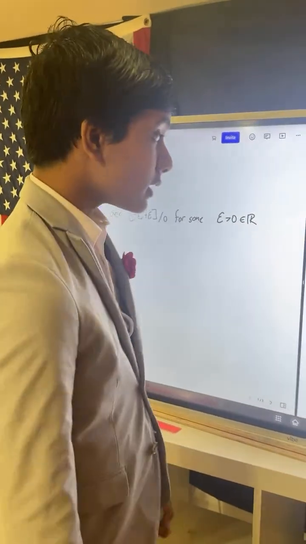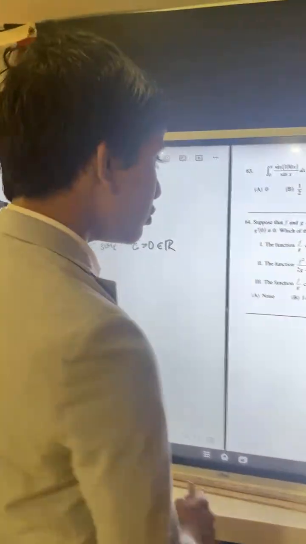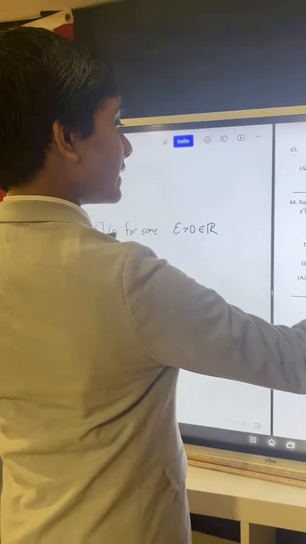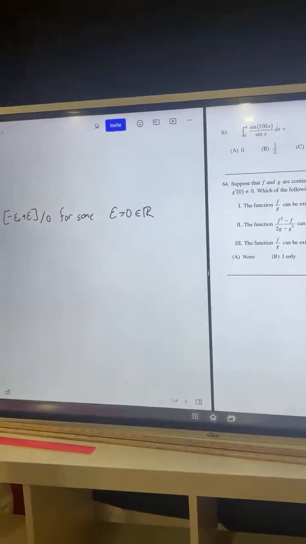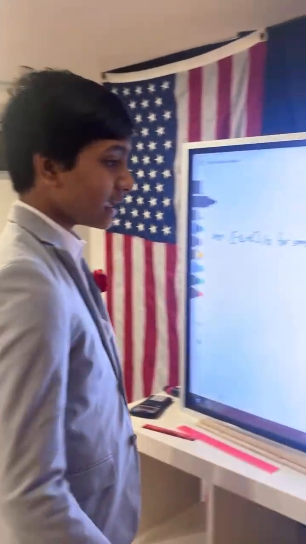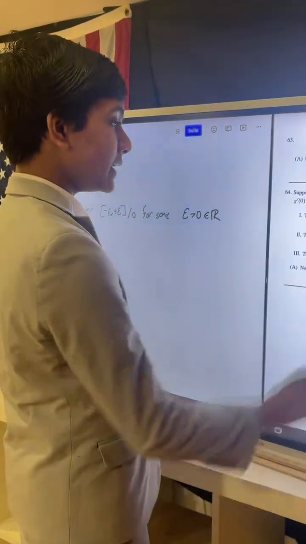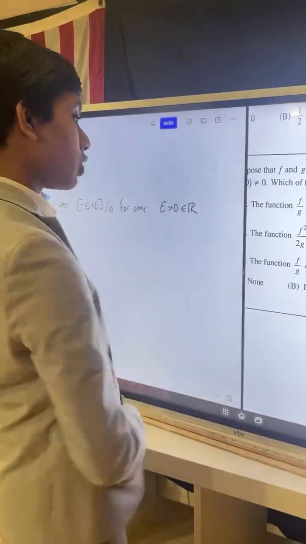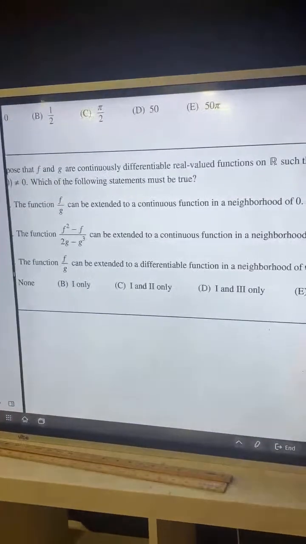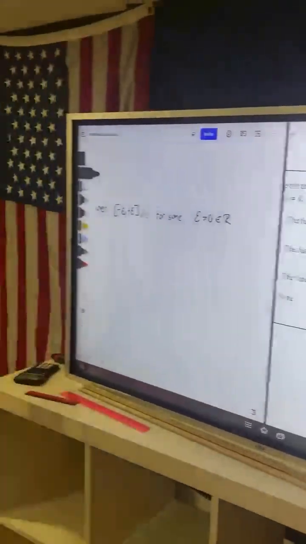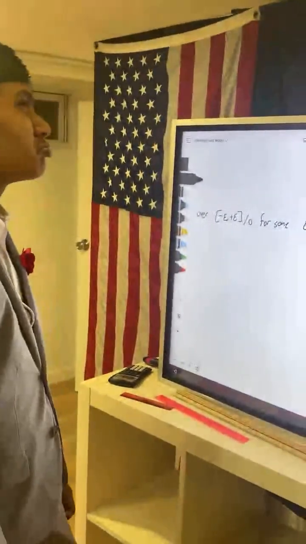So is it true? In fact, yes. If you have a continuous and differentiable function and divide it by another continuous and differentiable function, then it is indeed going to be continuous in a neighborhood of 0. And of course, the proof of this is actually pretty long, so we're just going to leave it.